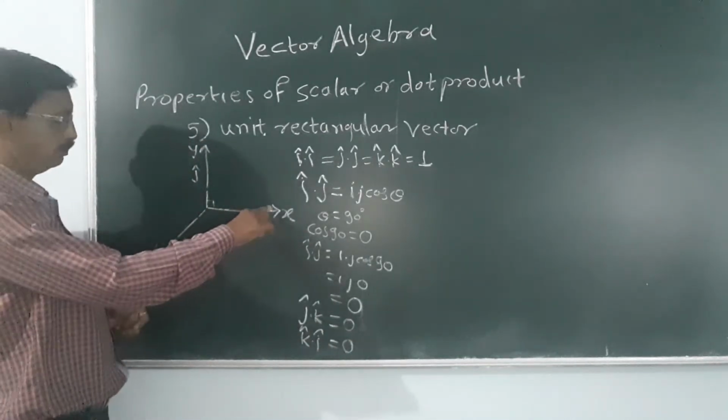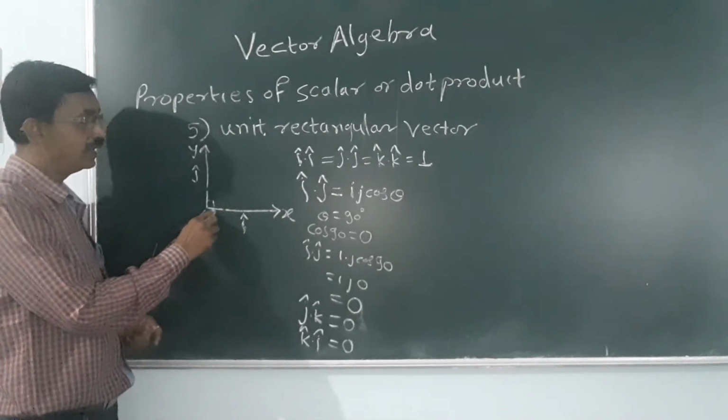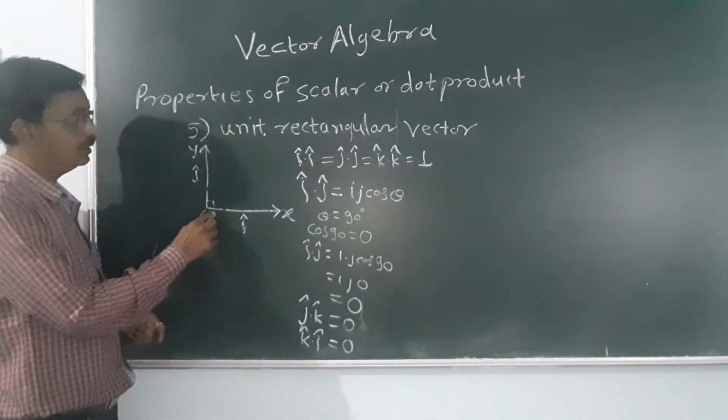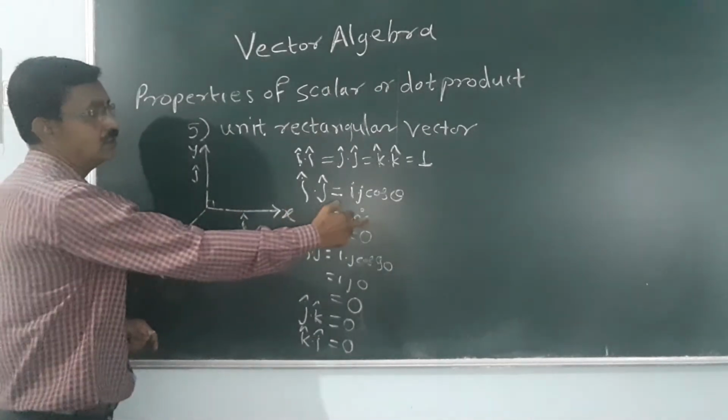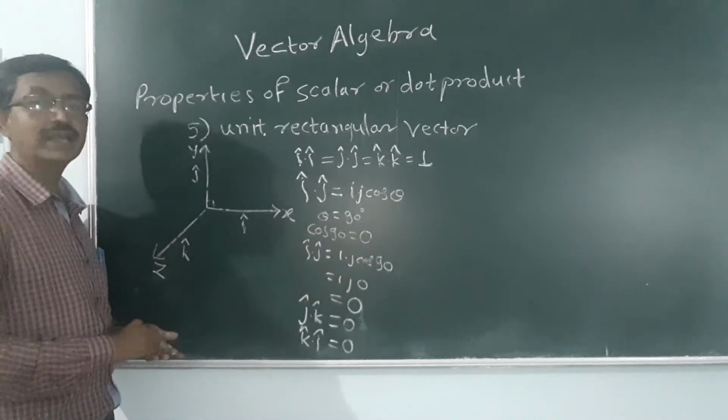If you go between i and k, again the angle is 90 degrees, theta is equal to 90 degrees, cos 90 is equal to 0, and therefore the total value we get is 0.